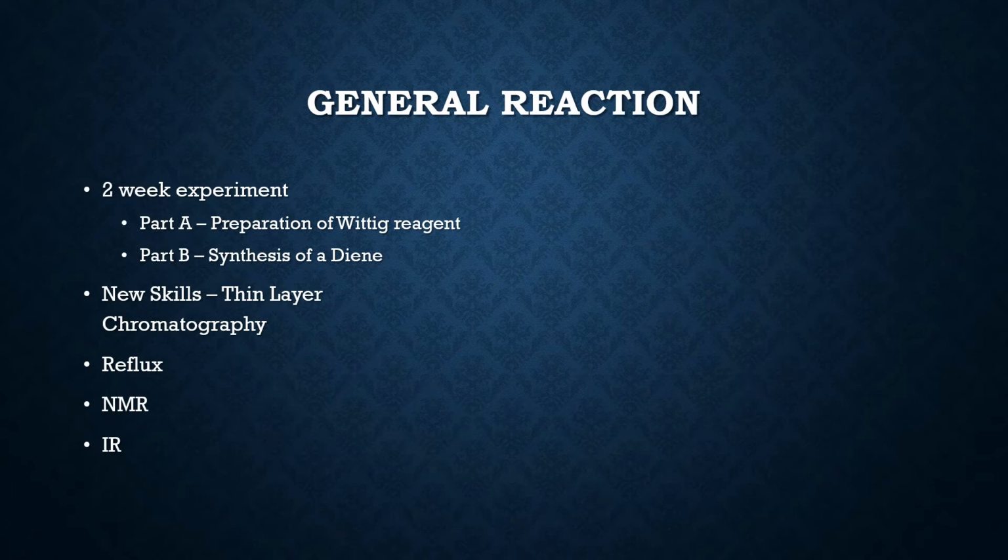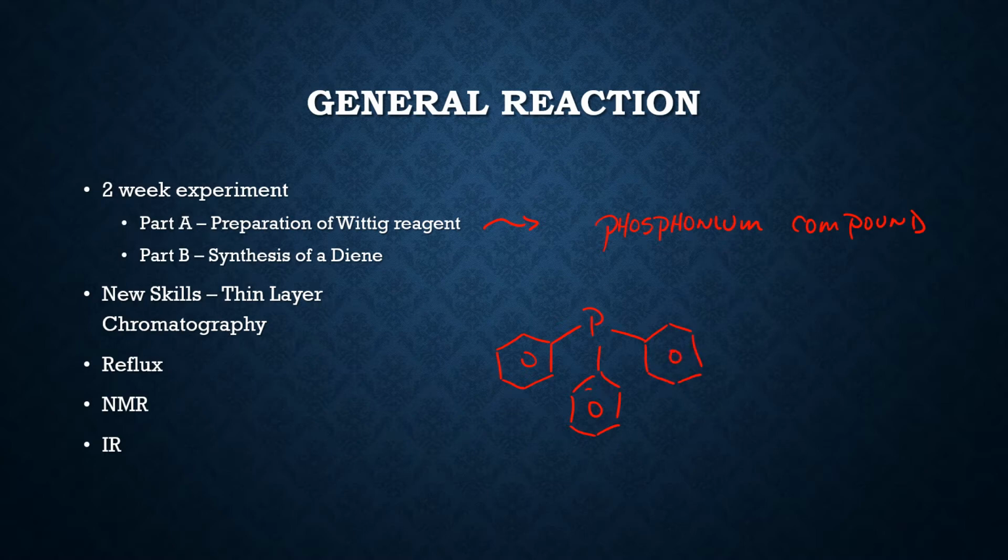Now, generally speaking, this is going to be a 2-week reaction. In the first part, we're going to prepare a Wittig reagent, which is, in our case, going to be a quaternary phosphonium compound. What we're going to do is take triphenylphosphine, so triphenyl, 3 phenyls, phosphine, plus benzyl chloride, and we're going to quaternize our phosphine compound.